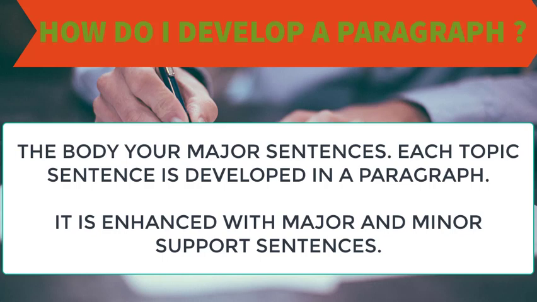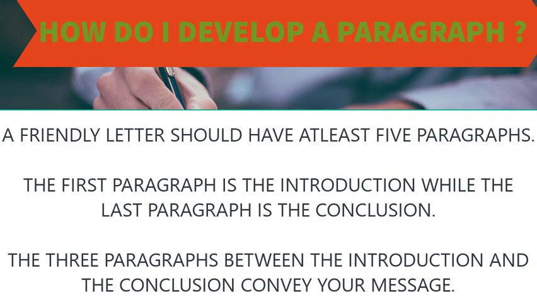In this chapter, we have been able to discuss the features of the body of a friendly letter. We established the point that the body of a friendly letter, for the purpose of examination, should have at least 5 paragraphs. The first paragraph is the introduction, while the last paragraph is the conclusion.